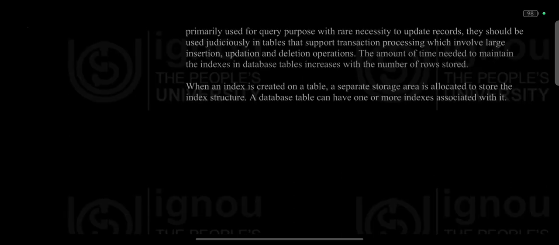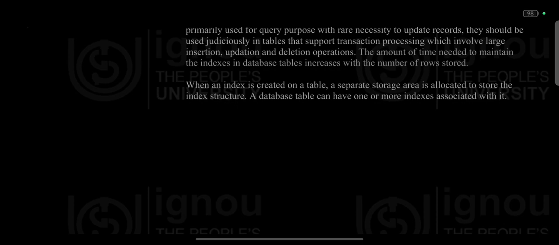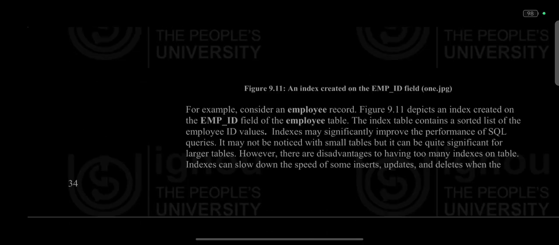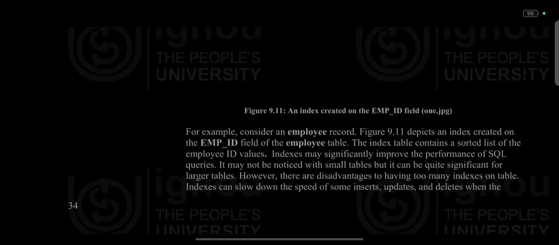When an index is created on a table, a separate storage area is allocated to store the index structure. A database table can have one or more indexes associated with it. Figure 9.11, index created on the employee ID field, is an image, so it is not available here.